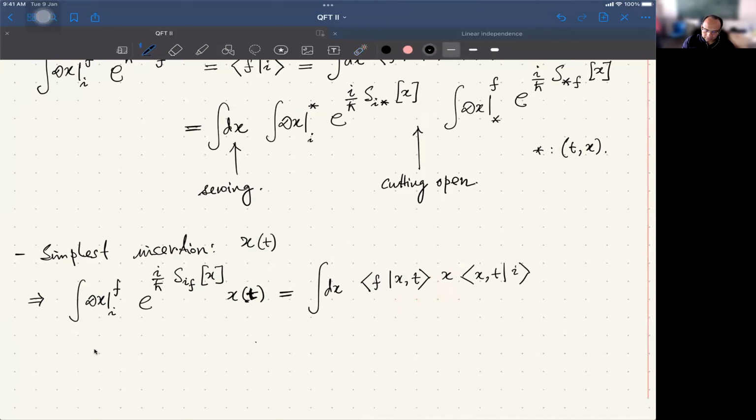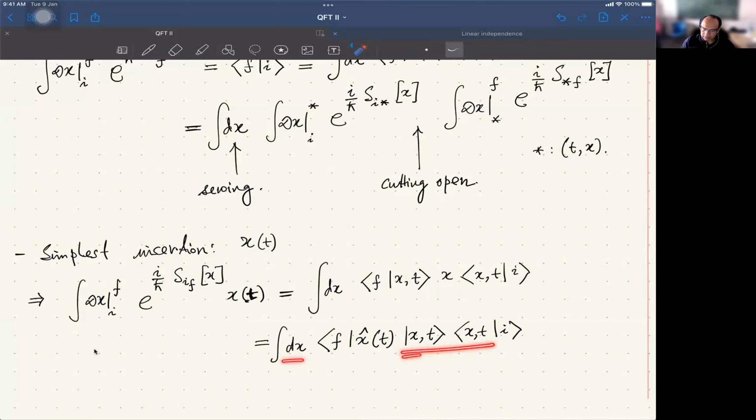So this is ∫dx ⟨f|x,t⟩ x̂(t) ⟨x,t|i⟩. And then after sewing it back, you replace this by the identity, so you just get rid of it.